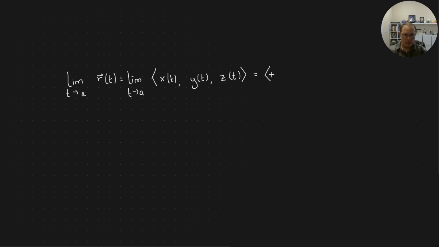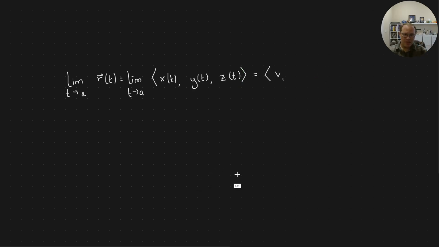If we're getting close to, say, v1, v2, v3, maybe that's our limiting vector. Well, that limit only exists if the first component gets close to v1 as t gets close to a, right? It only exists if also the second component gets close to v2 as t approaches a, and the third component gets close to v3 as t approaches a.